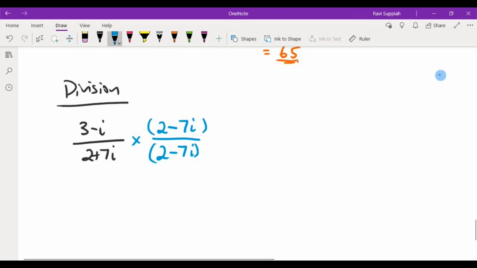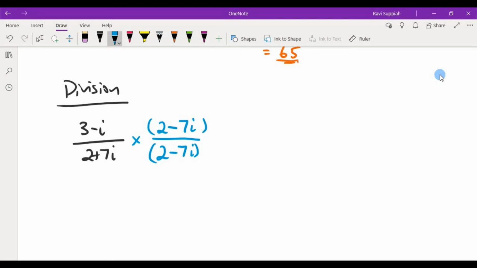The denominator of the question here is 2 plus 7i. The complex conjugate is 2 minus 7i. When I multiply by 2 minus 7i over 2 minus 7i, nothing changes because they are both the same, so it's equivalent to 1 over 1, correct?